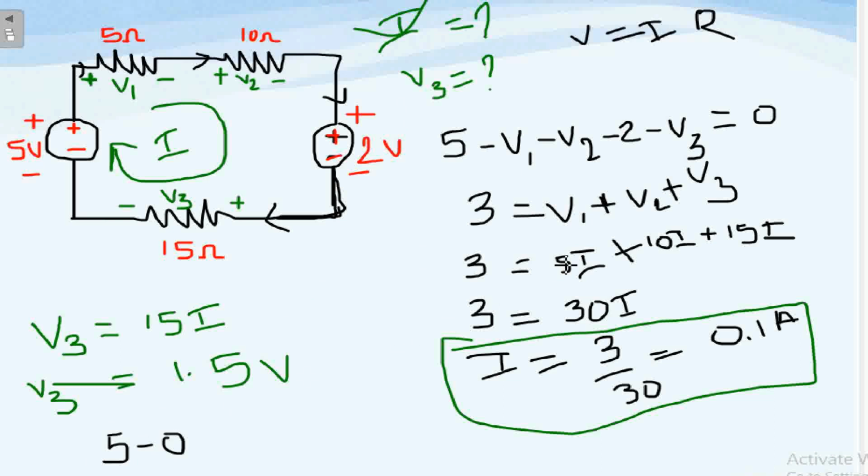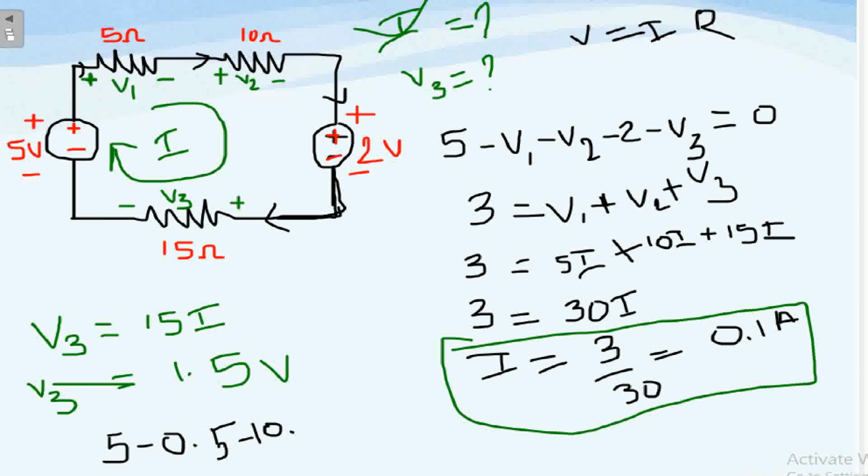Just substitute here. Next, V2 is 10 into I, 10 into 0.1, that is 1, not 0.1.